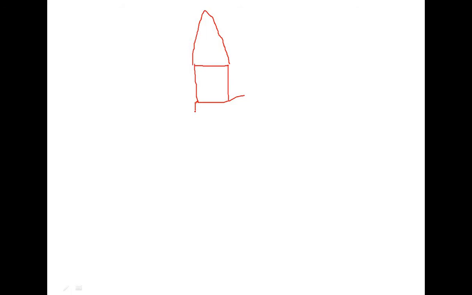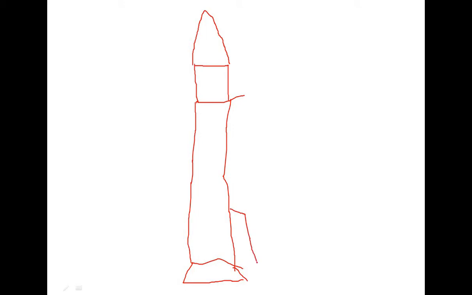In designing we will make a similar rocket, and this is just an explanation, so don't bother about it that much. Let's move on to fins. You can assume this is a type of rocket.